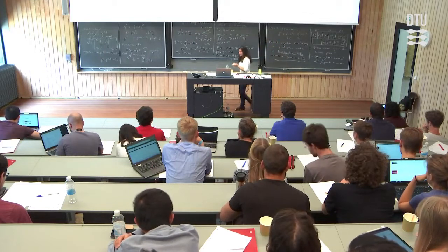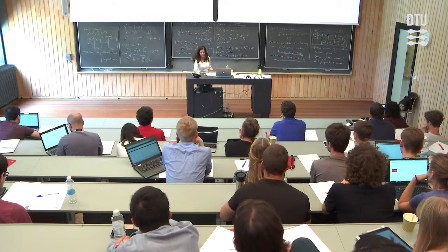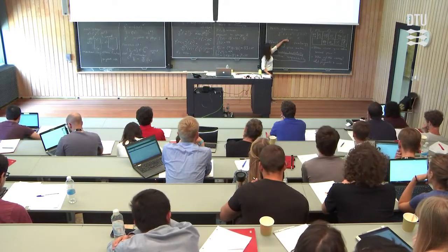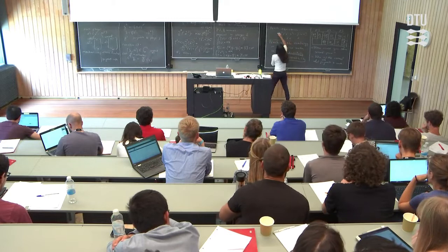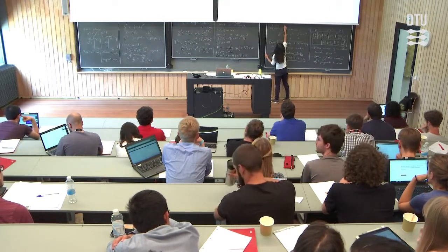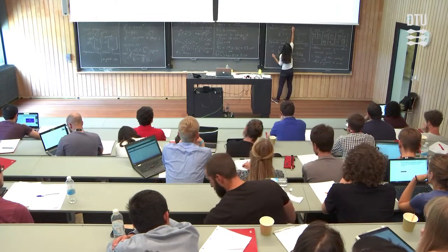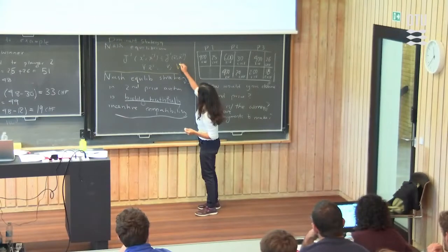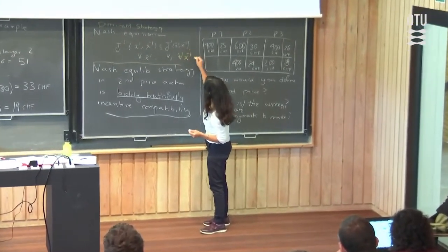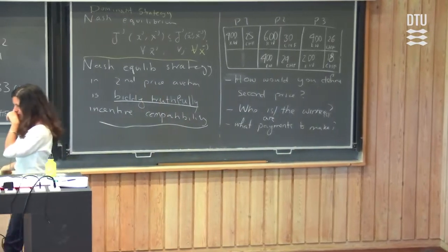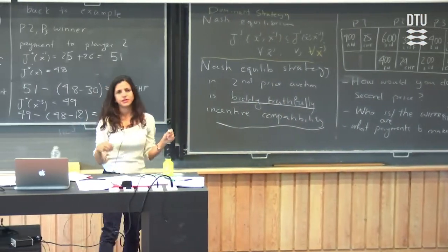Okay, what's a dominant strategy Nash equilibrium? So here you had the definition of Nash equilibrium. This is a Nash equilibrium. And then we call it a dominant strategy Nash equilibrium if this inequality also holds for all x_{-j}, okay? It means that regardless of what other players are doing, you're best off bidding truthfully.